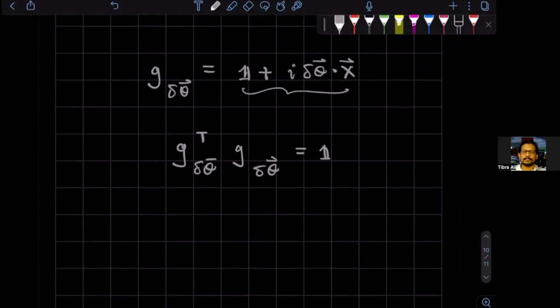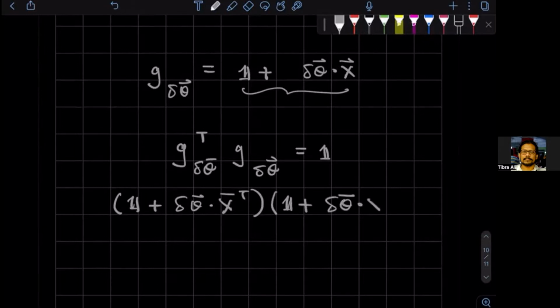So we get 1 plus delta theta dot x transpose. But of course, we know that the transpose of the identity matrix is itself. And the second factor is 1 plus delta theta dot x, equal to identity.